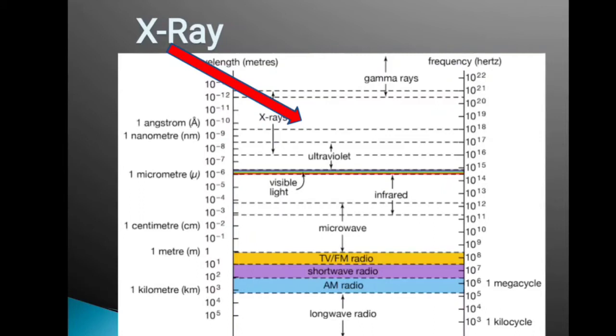In X-rays, the wavelength ranges between 10 power minus 8 to 10 power minus 12, and the frequency ranges between 10 power 16 to 10 power 20. The gamma ray has the highest frequency and the shortest wavelength. In other words, the long wave has the longer wavelength and also smaller frequency.